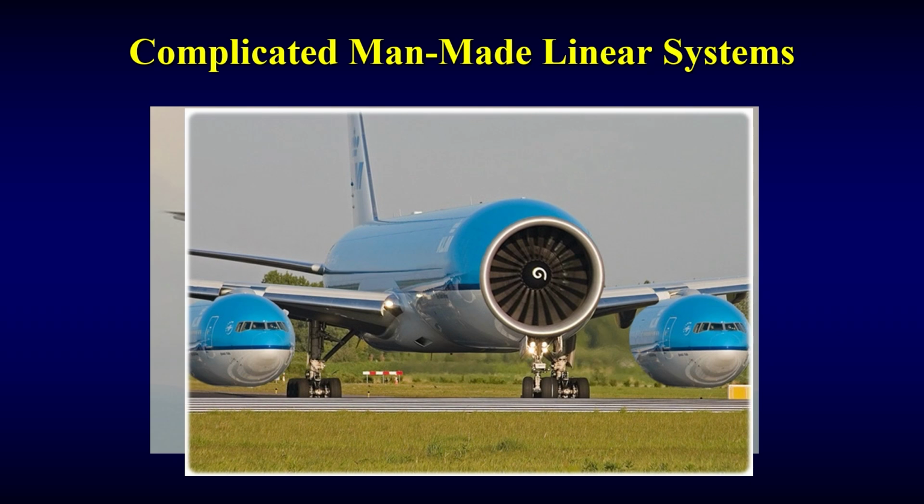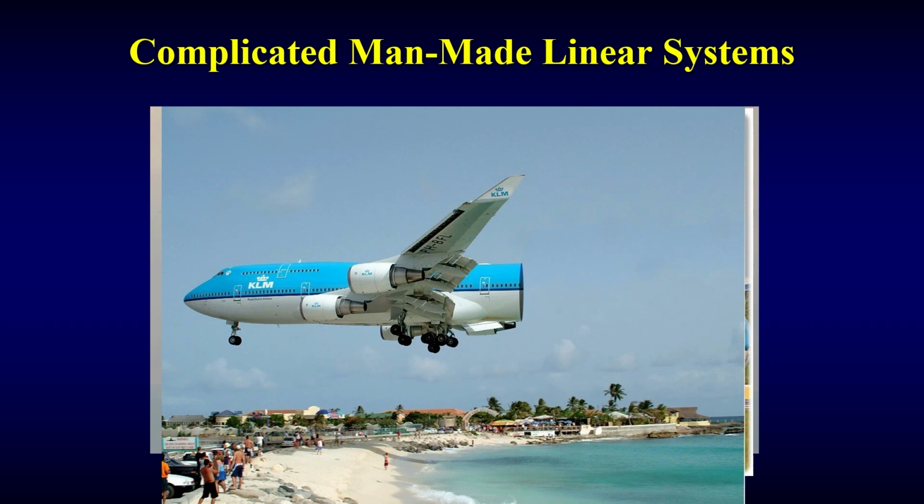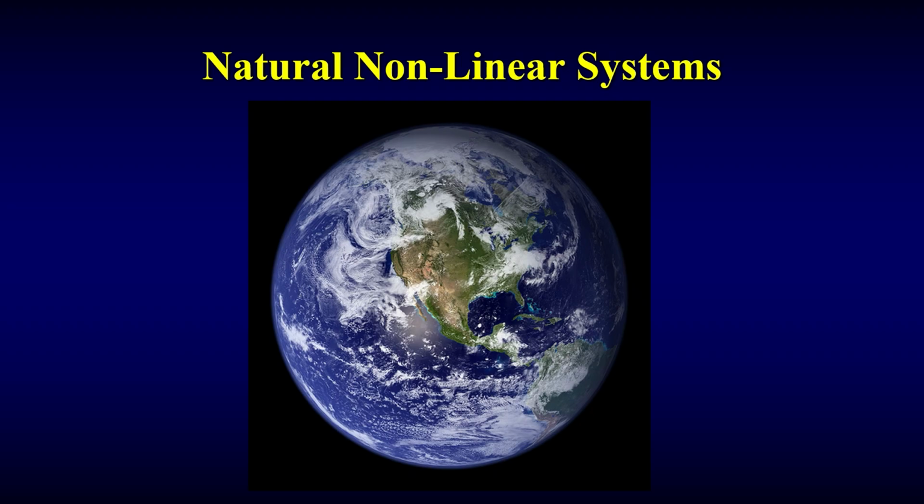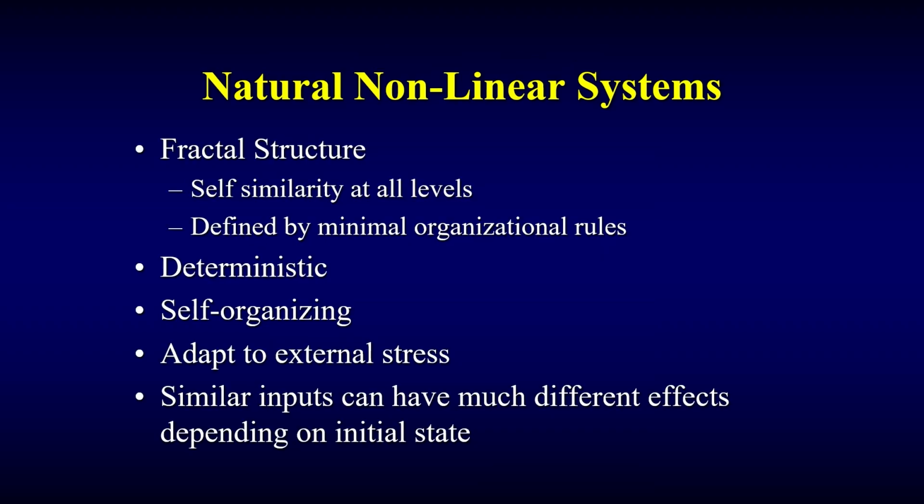And it can be really complicated, with complicated man-made systems, but it's only half the picture. Natural systems are nonlinear. They are fractal in nature, meaning self-similarities at all levels. They define minimal organizational rules and nothing else. They take care of themselves. They're deterministic and they're self-organizing, thank goodness. And they adapt easily to external stress without doing anything.